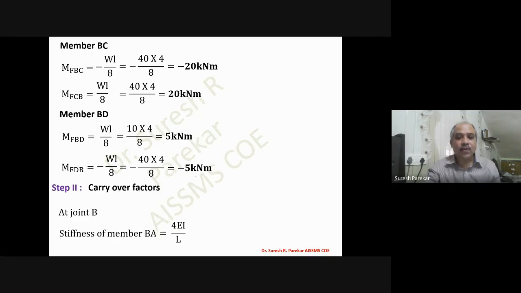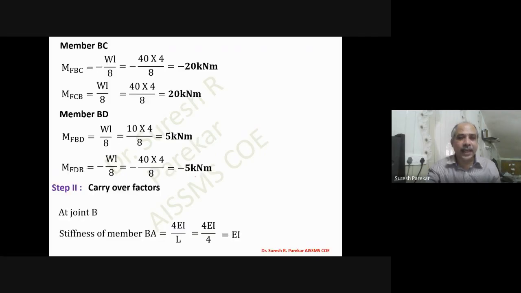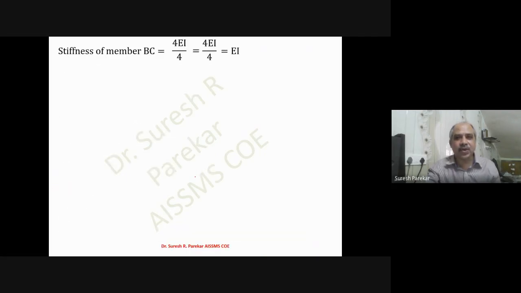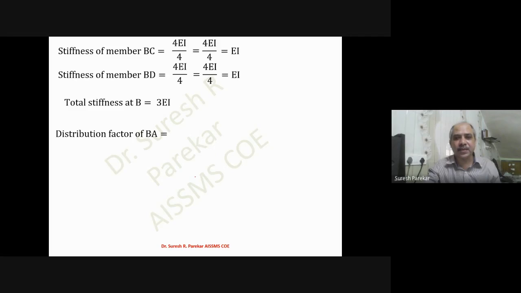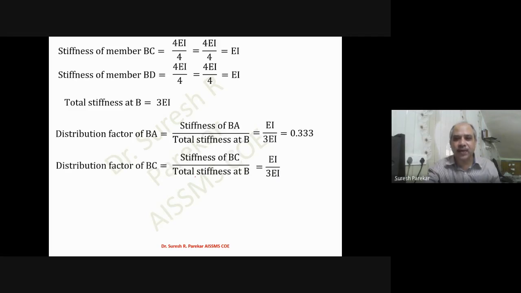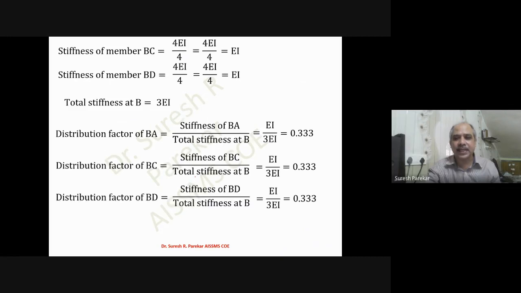So I have 4 EI by L, that is EI for member BA, EI for BC, and EI for BD, and therefore my total stiffness becomes 3 EI, and my distribution factors will be 1/3, 1/3, 1/3, that is 0.333 for all these members BA, BC, and BD.